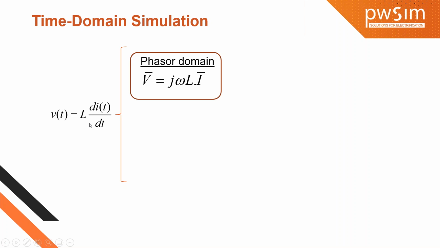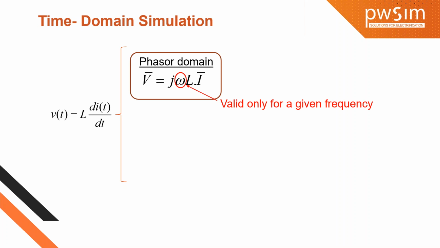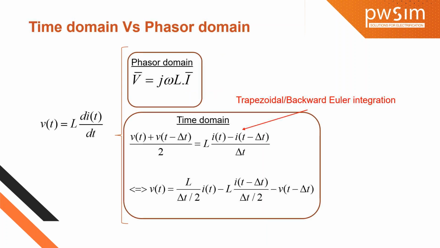If we are considering the phasor domain, that means here we are performing the Laplace transform analysis, and we will get the voltage across the inductor at frequencies like 50 Hz. For time domain simulations, we will go with the trapezoidal or backward Euler integration methods.